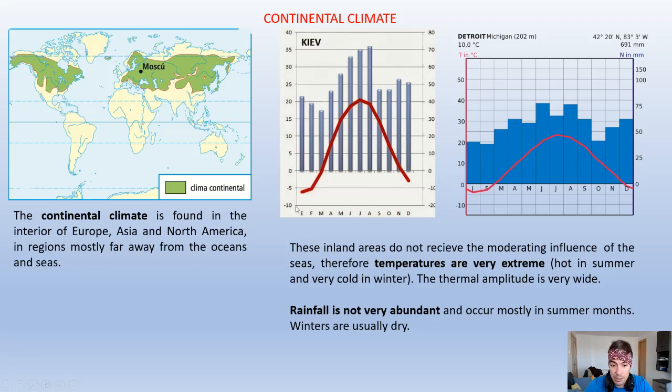As you can see here, the line has a very big curve. Okay, for example, the thermal amplitude in Kiev, the lowest temperature is -6 degrees centigrade, and the highest is 20. So the thermal amplitude is a total of 26, which is a lot.